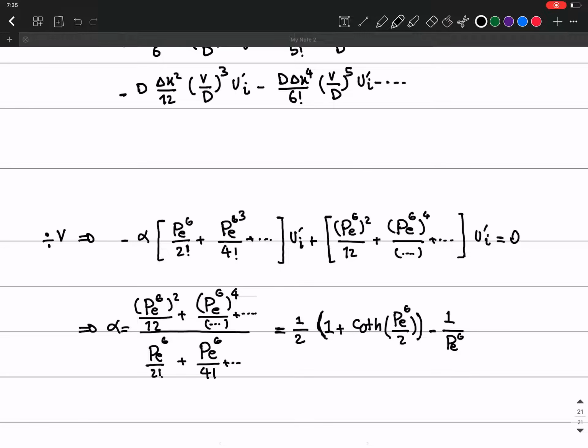So it turns out if you do these calculations carefully, you will get to this solution.